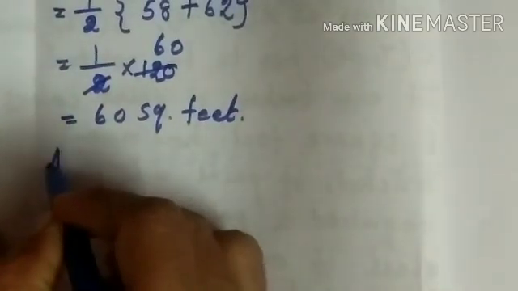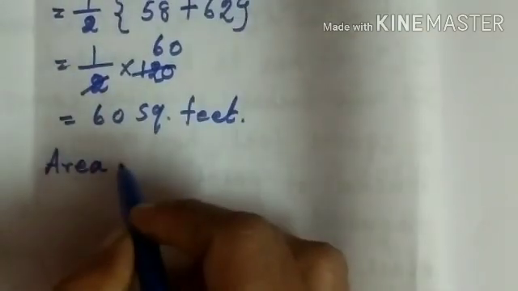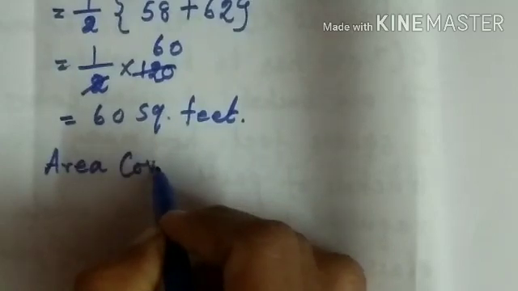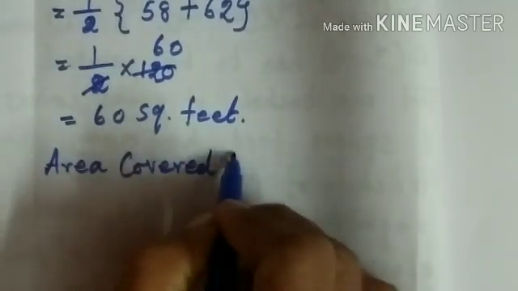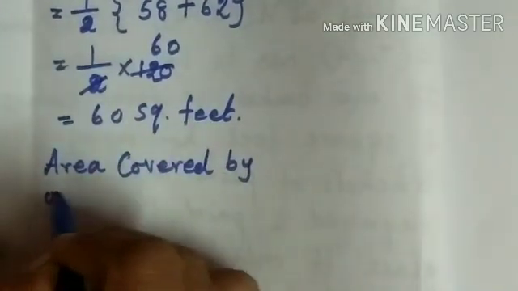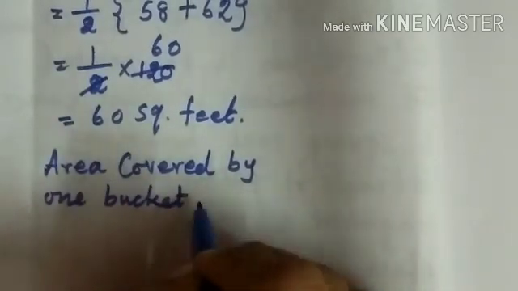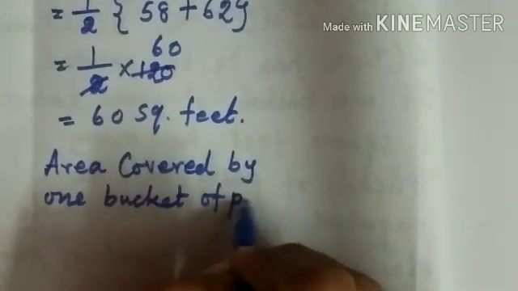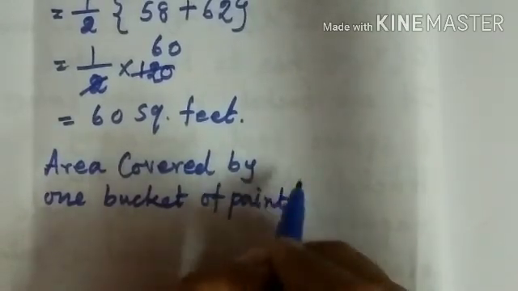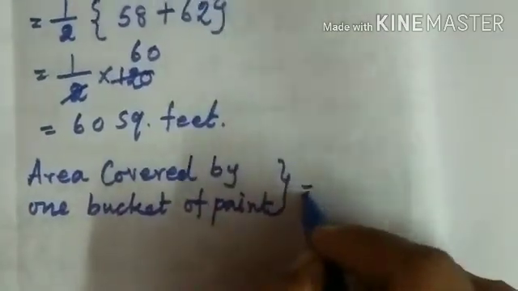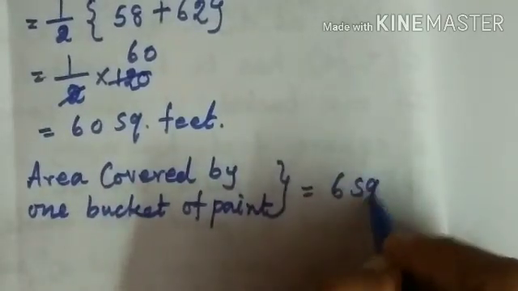Next, given, the area covered by one bucket of paint is equal to 6 square feet.